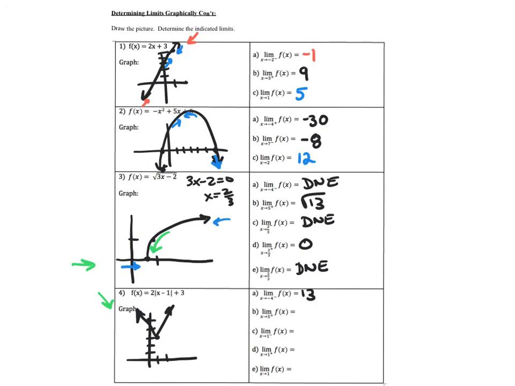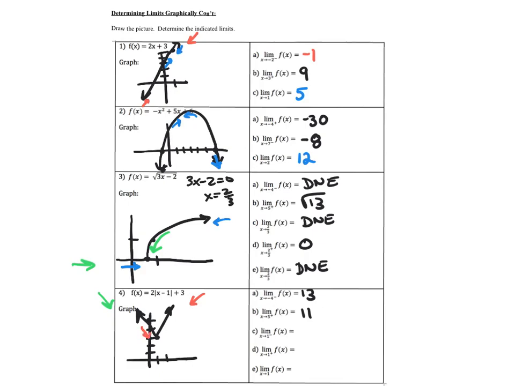Part B asks for the limit as x approaches 5 from the right, so in that direction. And we'll get that the y values, the f of x values, are approaching 11. Part C asks for the limit as x approaches 1 from the left.